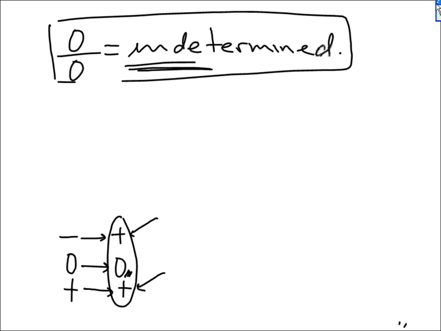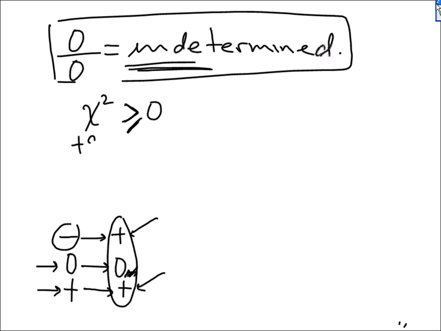So if I tell you x squared, well then I know that's at least 0. No matter what number you plug in for x, whether you plug in a negative number, a positive number, or the number 0, when you square it, the least you'll get is 0. You'll get 0, or greater than 0, which means positive.